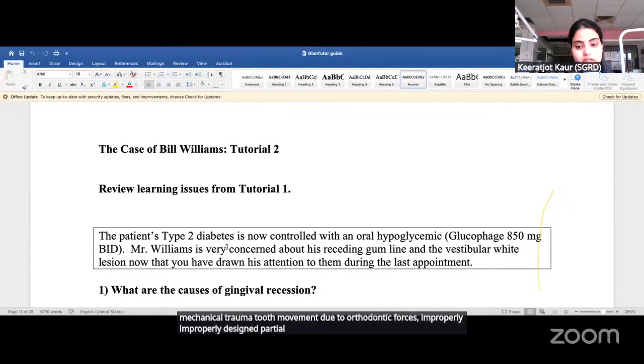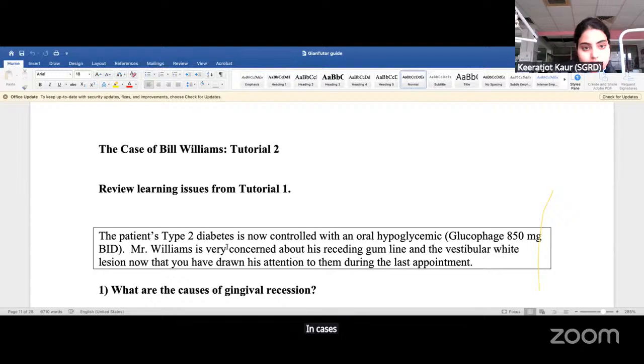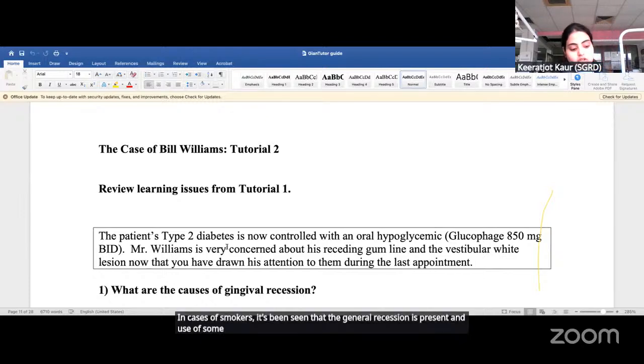In smokers, gingival recession is seen, and cocaine use can cause gingival ulceration. Thank you.